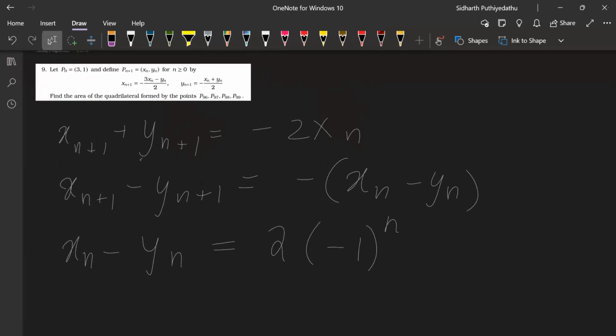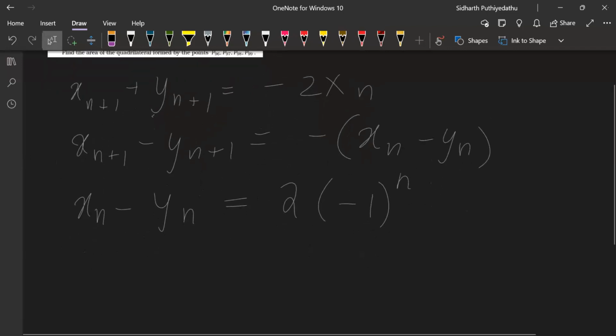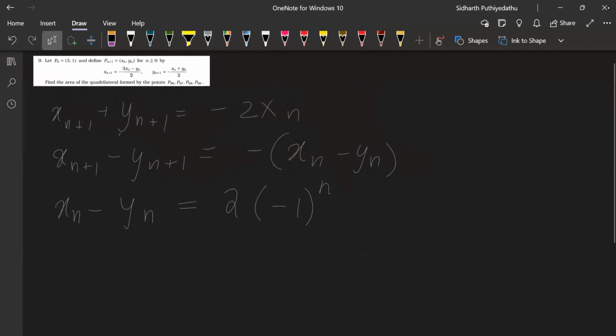We know how to solve equations in terms of one variable, like x_{n+1} equal to x_n times something. We know how to solve that. So now that we have this relation between x_n and y_n, we can use it to uninterlink these, to separate them in terms of just x_n and just y_n. Let's see what that gives us. So x_{n+1} is equal to minus 3x_n, or to get at it quickly, 2x_n plus x_n minus y_n.